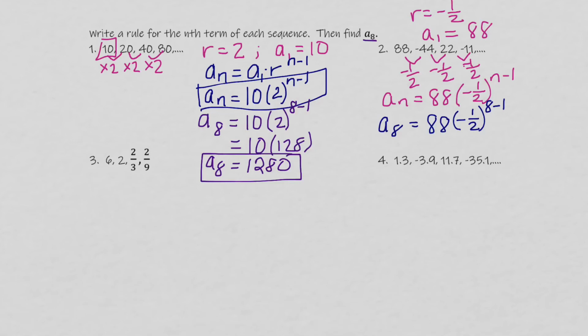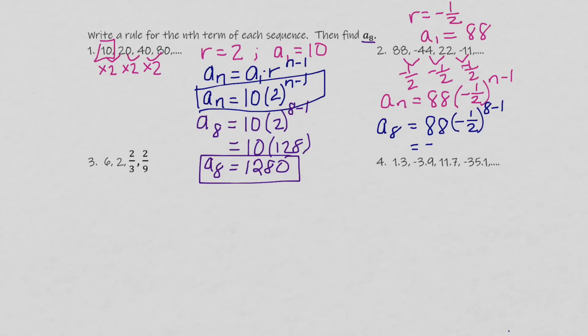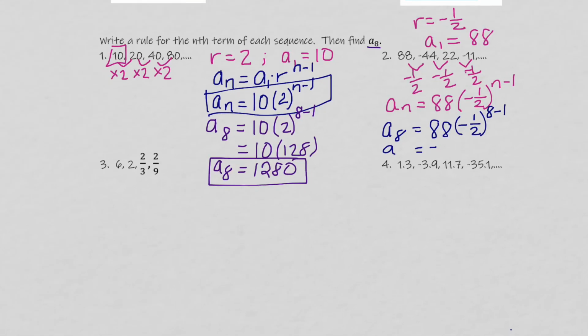If you do all that correctly, you should come up with a sub 8 equal to negative 11 over 16, or as a decimal, negative 0.688. Hopefully I did that one correctly.